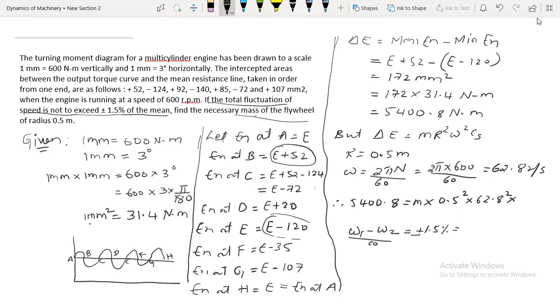That means plus or minus 1.5% means it is 3%, which is equal to 0.03. So the value of Cs is 0.03. Okay. So substituting that here, 0.03. So this is how you have to find out Cs.